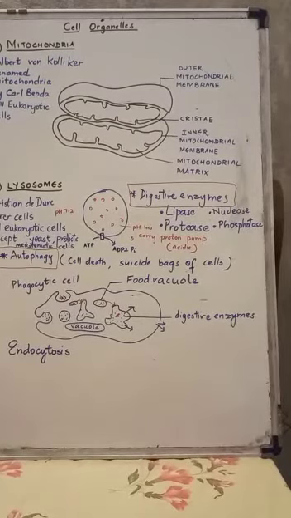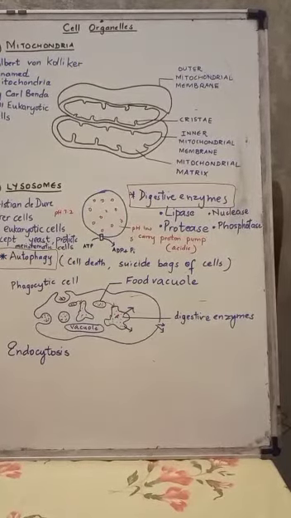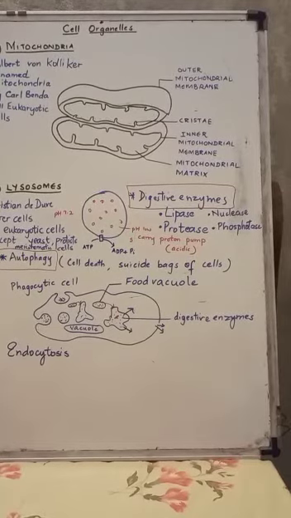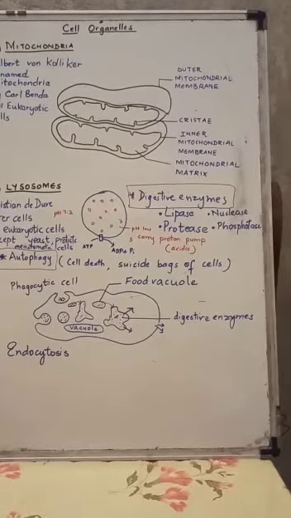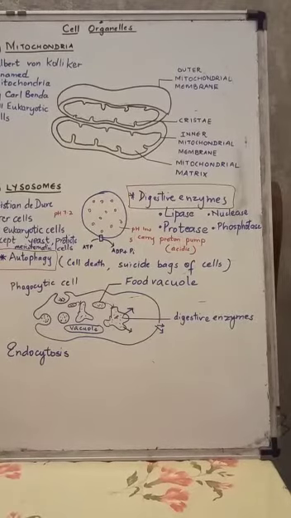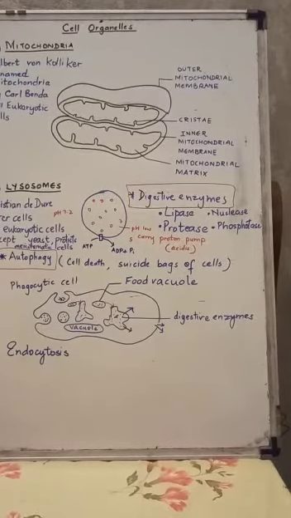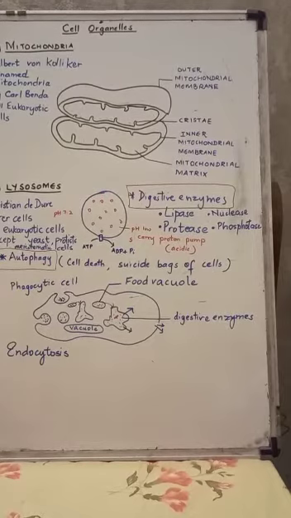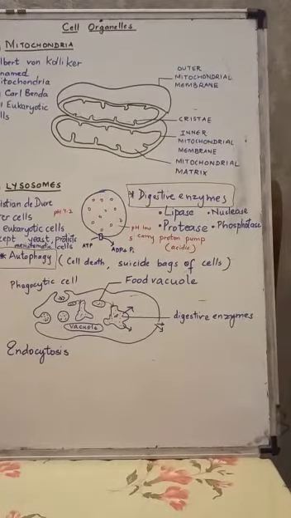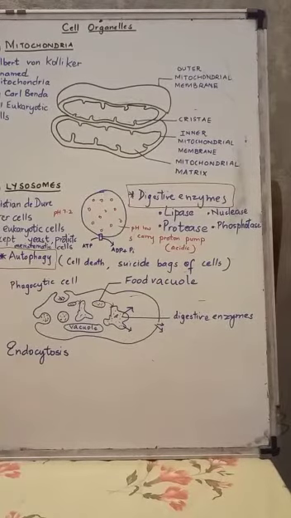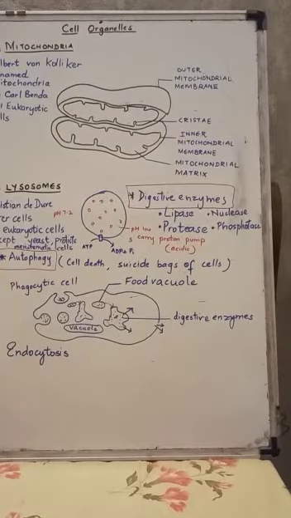Where do they get this energy from? This energy is generated by the various biochemical activities within the cristae, and this is generated in the form of ATP, adenosine triphosphate. Apart from this, they provide energy, and so they are called the powerhouses of the cell.